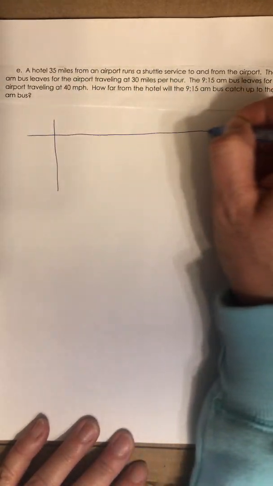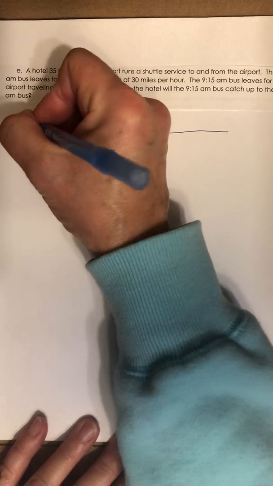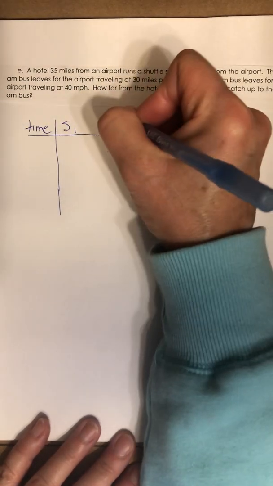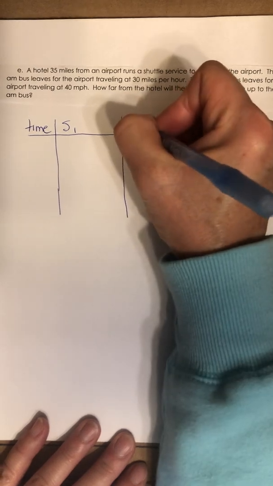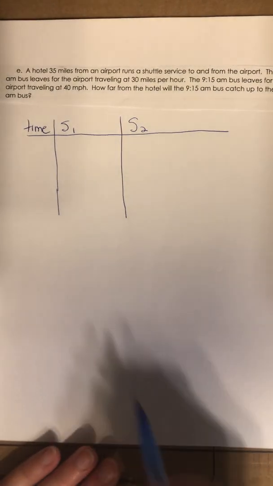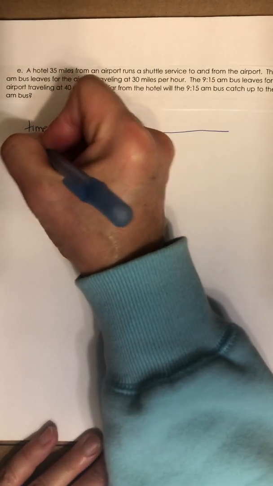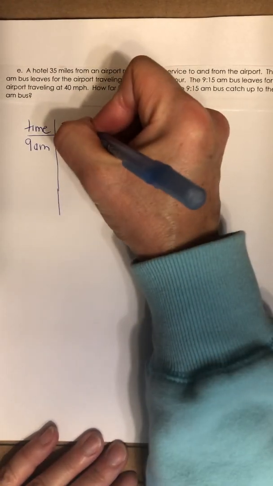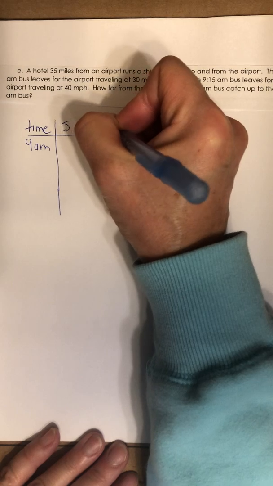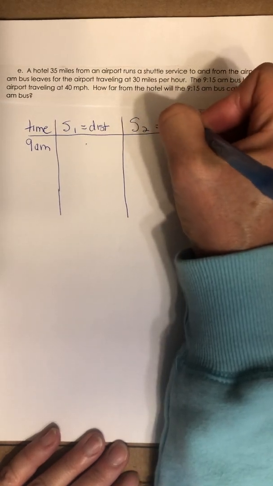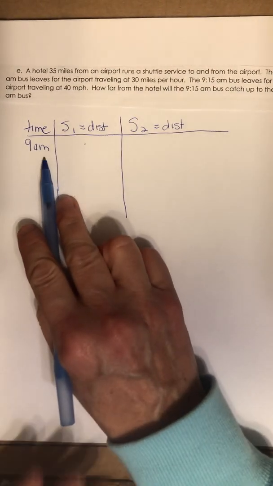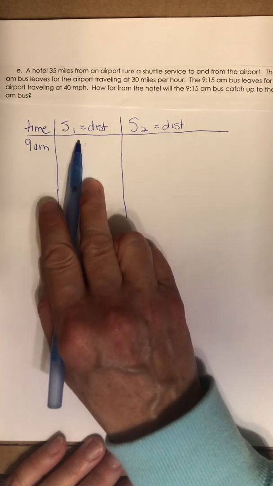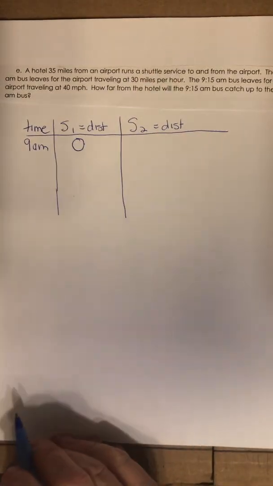Let's do a chart. Here we're going to do the time, and let's do shuttle 1 and shuttle 2. At a time of 9 a.m., how far has the first shuttle gone? We're trying to find the distance it's gone and the distance for the second shuttle. Well, the 9 a.m. shuttle is just leaving, so it hasn't traveled at all.